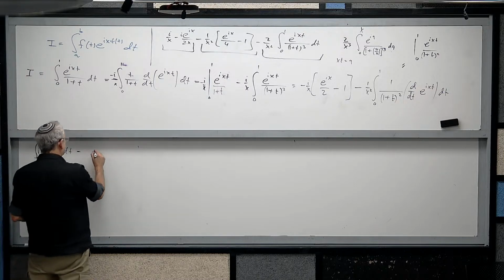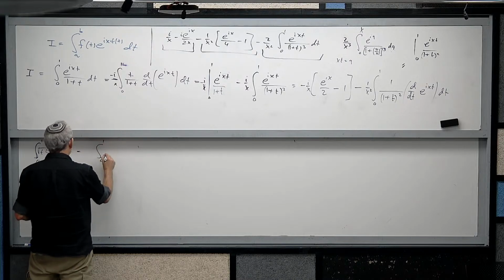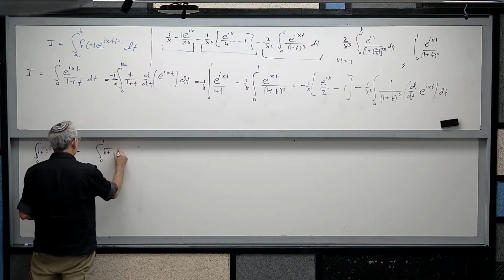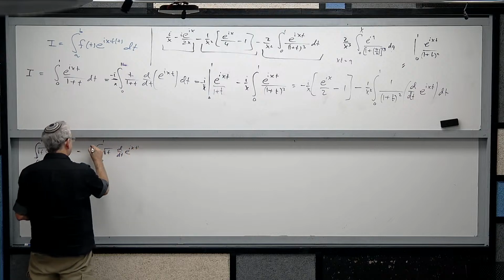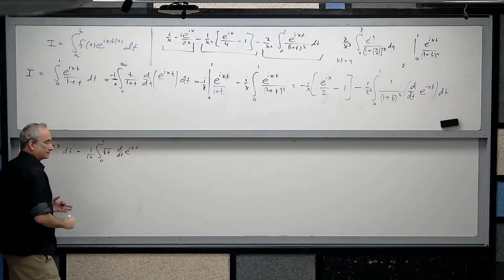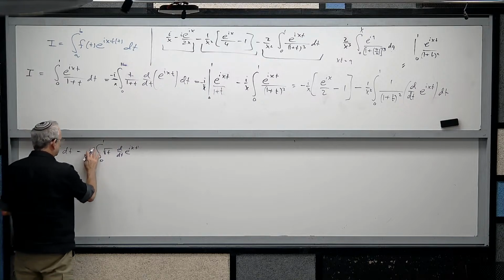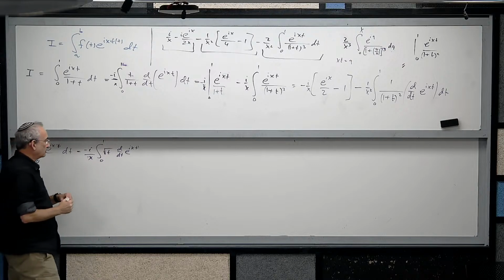So we write it as the integral from 0 to 1 of square root of t times d/dt of e to the ixt divided by ix. Again, minus i over x. Very good.